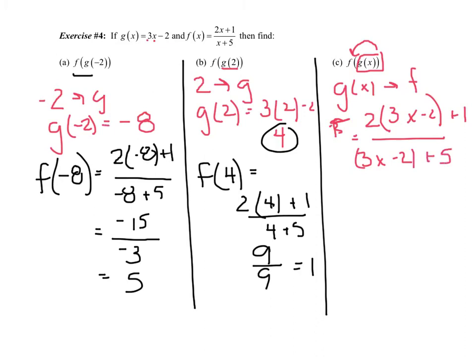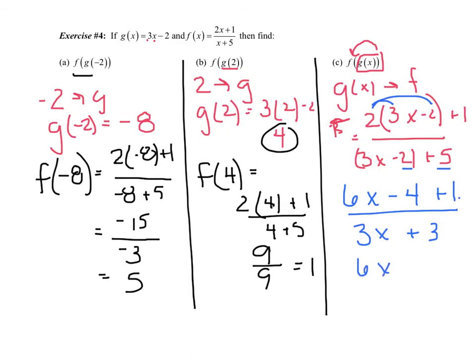All right, so again, this should just be review. We're taking g of x into f of x. Watch the distributing there. So that gets me a 6x minus 4 plus 1 all over, let's see, 3x, and I have a minus 2 plus 5 gets me a plus 3. If I keep going, that looks like 6x minus 3 all over 3x plus 3.